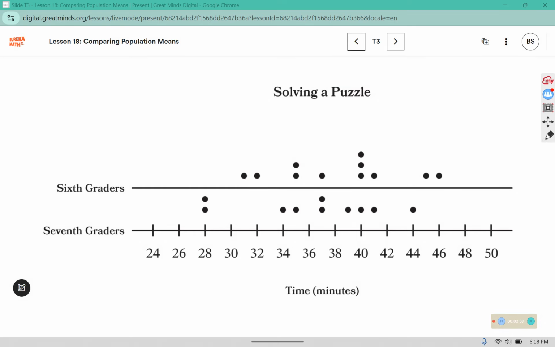One way for us to describe these is using the mean and the mean absolute deviation. To find the mean, we're adding all of the values together and then dividing by how many data values there are.